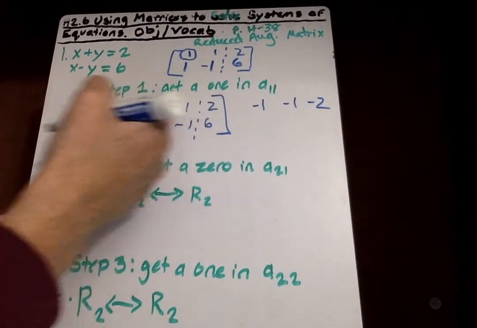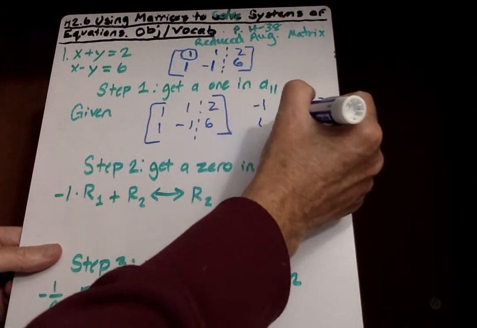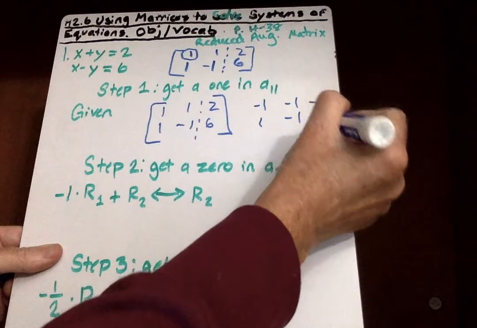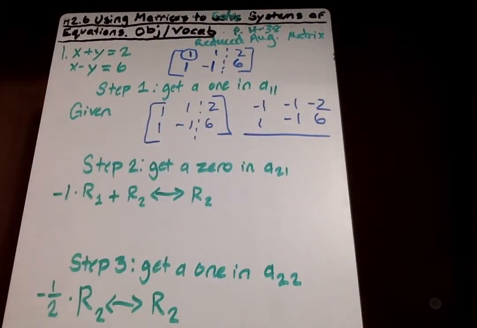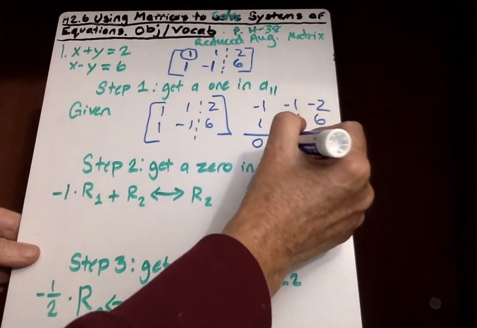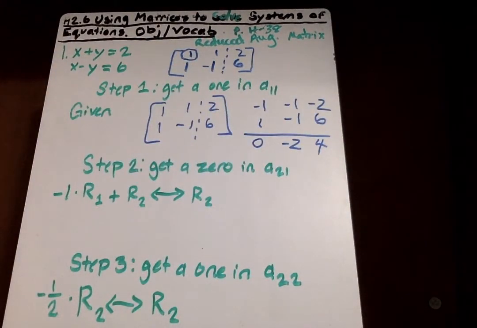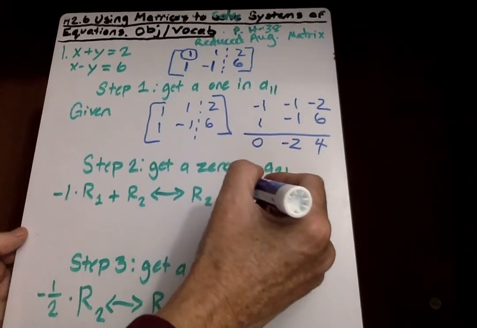I multiply -1 by the whole row. Now I have 1, -1, and 6. When I add the two together, I'm going to get 0 for the first one, and that was our goal. 0, -2, 4. So that is going to be our new row 2.